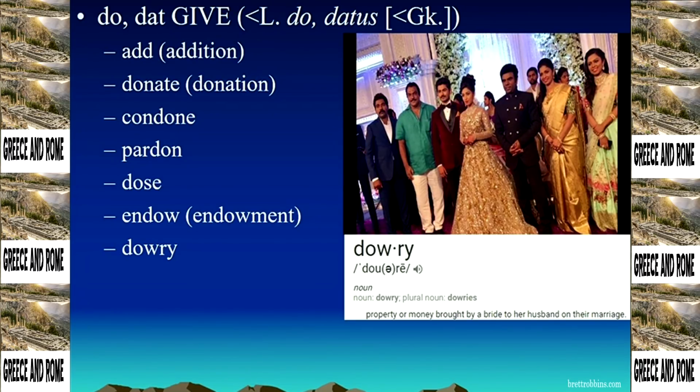Okay, so property or money brought by a bride to her husband on their marriage. Just so you know, that's where that word comes from, and that it's also connected to the word endow. Okay, and remember that's the very word in the Declaration of Independence that caused us to get into this root in the first place.